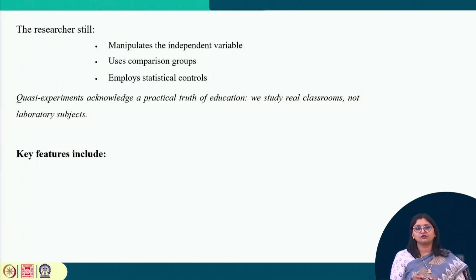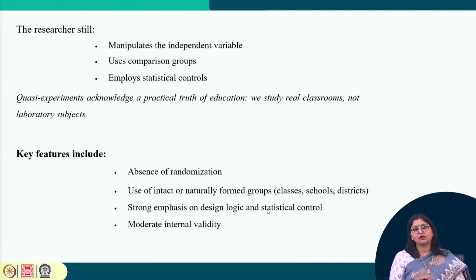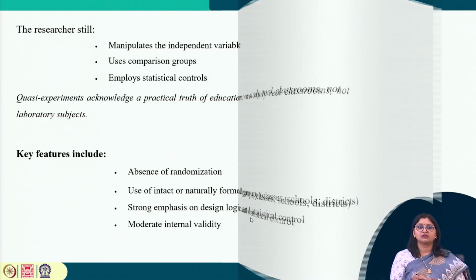Key features of this quasi-experimental research design include the absence of randomization, use of intact or naturally formed groups like classes, schools or districts, and a strong emphasis on design logic and statistical control.